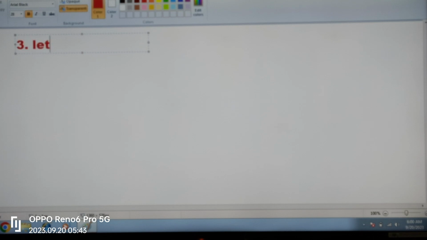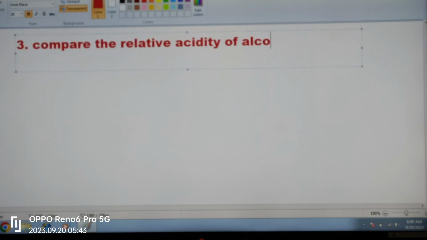Let us compare the relative acidity of alcohol, phenol and carboxylic acid.